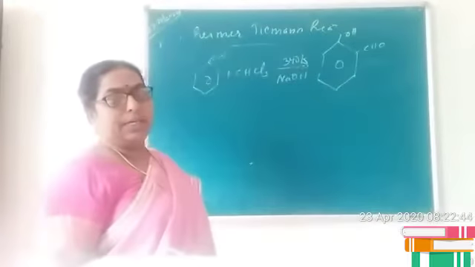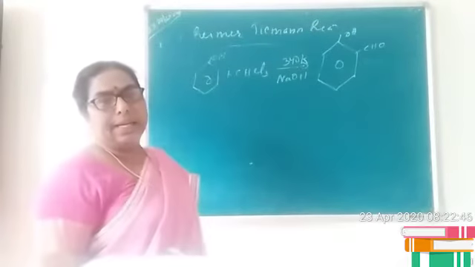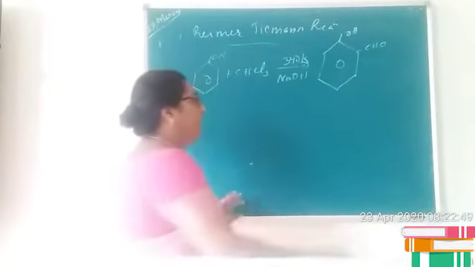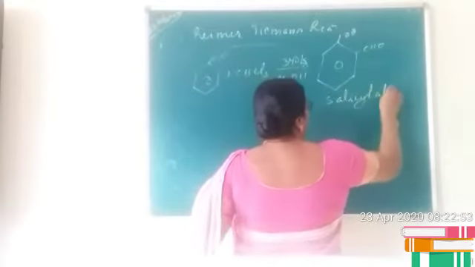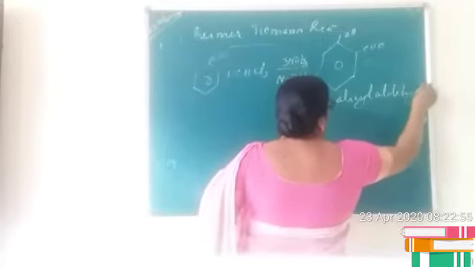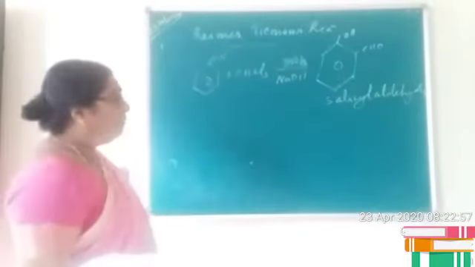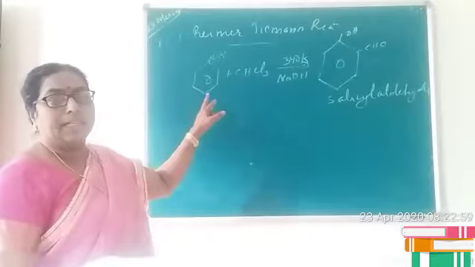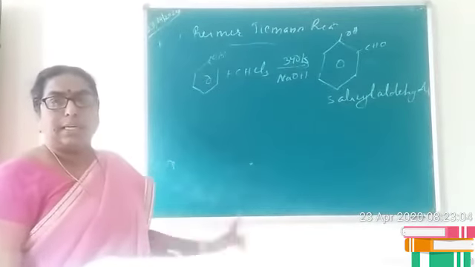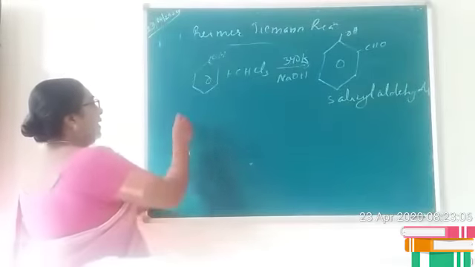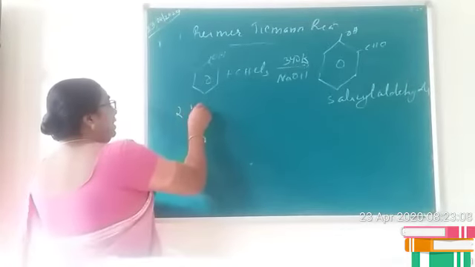Or we can call it 2-hydroxybenzaldehyde. Phenol reacts with chloroform at about 340 Kelvin in presence of sodium hydroxide and produces salicylic aldehyde. Second one we can consider the Kolbe reaction.